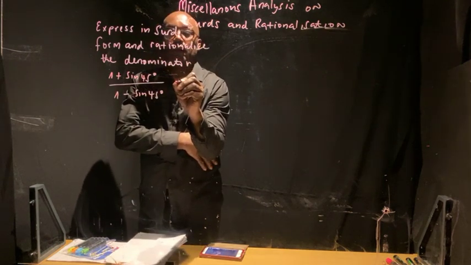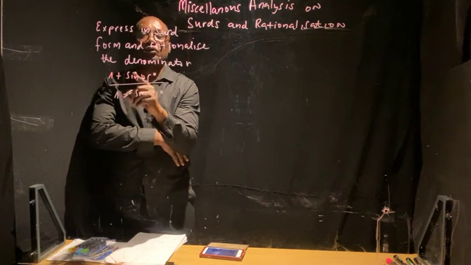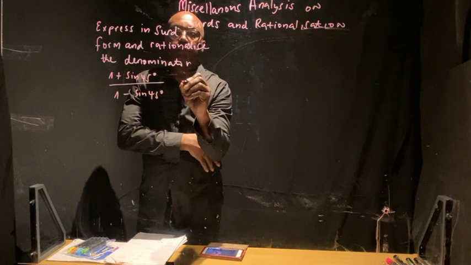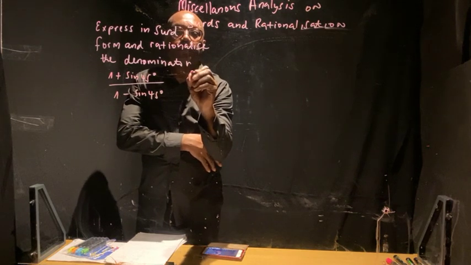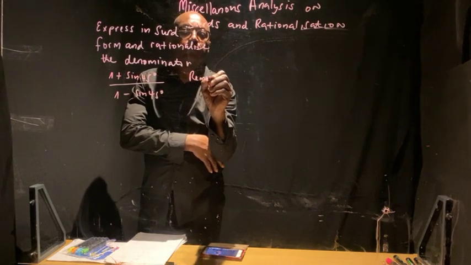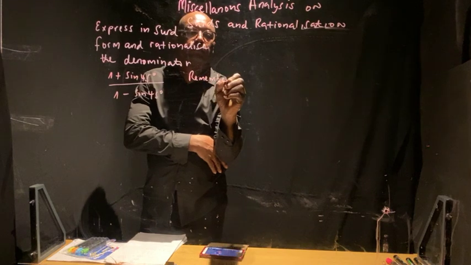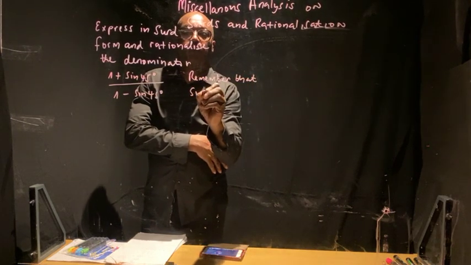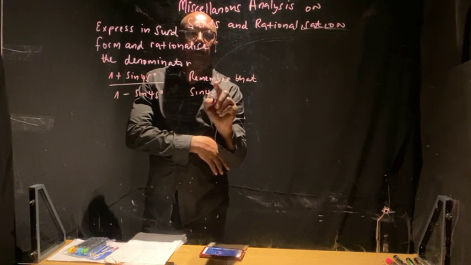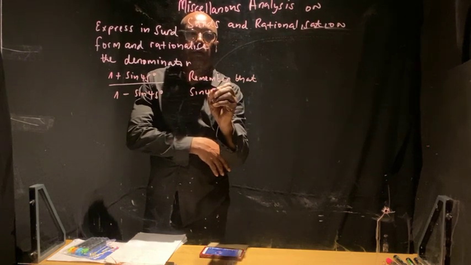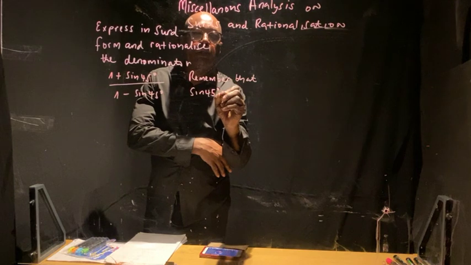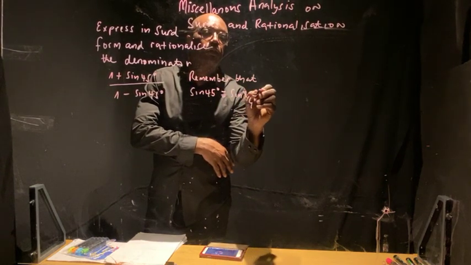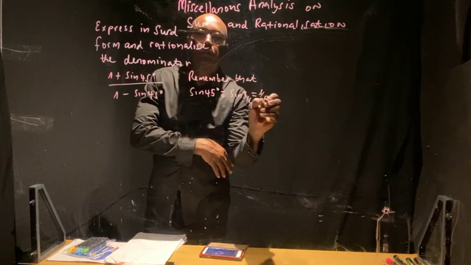As we are trying to solve it, we should remember that sine 45 degrees, sometimes we call it sine pi by 4, is equal to 1 over root 2.